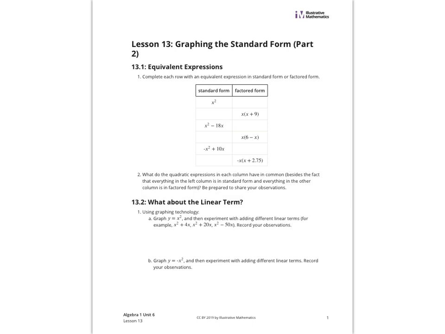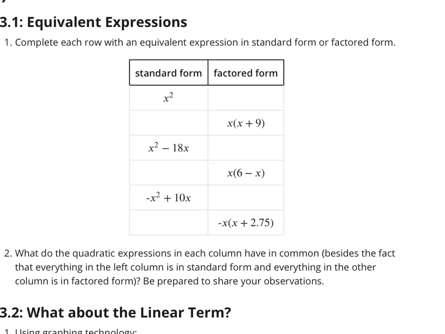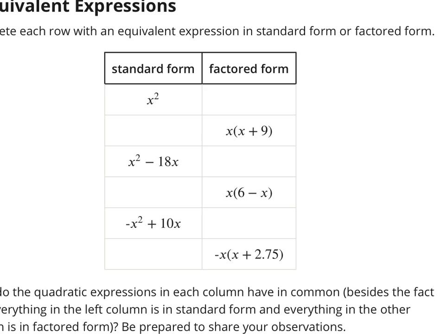All right, so let's go ahead and first take a look at our table. When we have x squared in standard form, the factored form of that would just be x times x. When we have the factored form x times the sum of x and 9, the standard form would be x squared plus 9x.